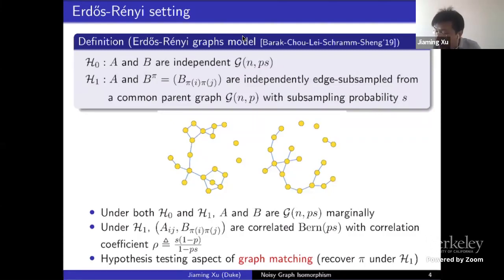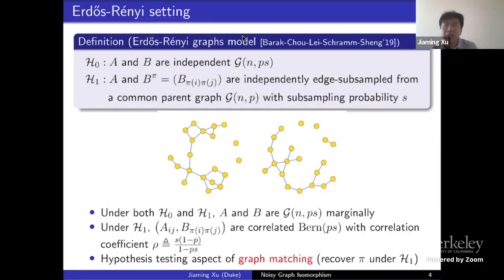Under the alternate hypothesis, again, there's an underlying latent permutation pi. Under this latent permutation, A and B pi are independently edge subsampled from a common parent graph that is Erdős-Rényi G(n, p) with subsampling probability s.